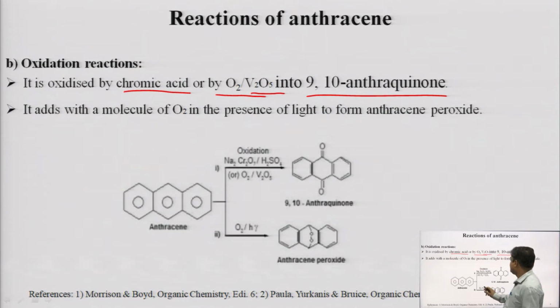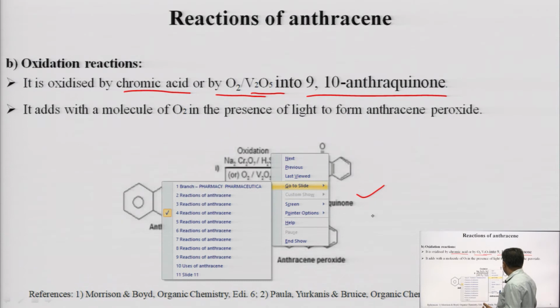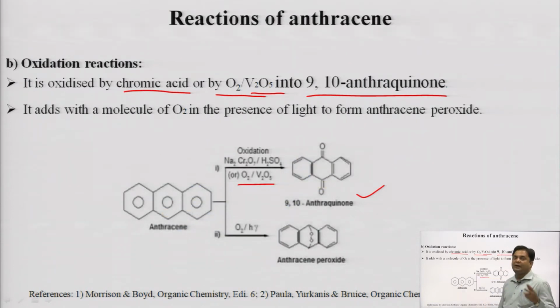In the presence of chromic acid or sodium dichromate and H2SO4, or oxygen and V2O5, we are getting 9,10 anthraquinone. Here at the 9 and 10 positions, one atom of oxygen is added to each position, and we are getting 9,10 anthraquinone. This is a very important molecule.